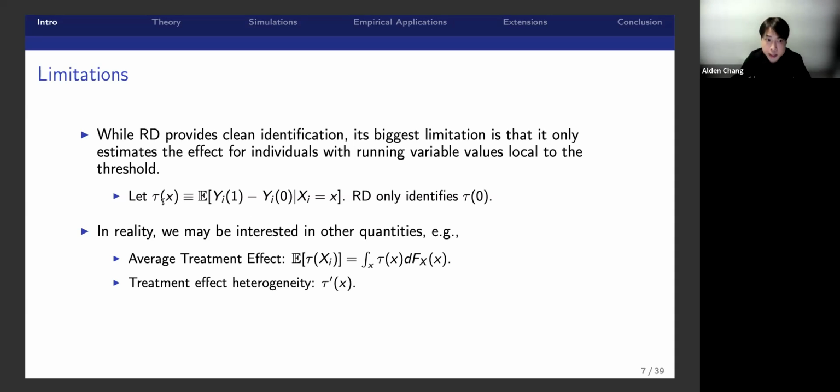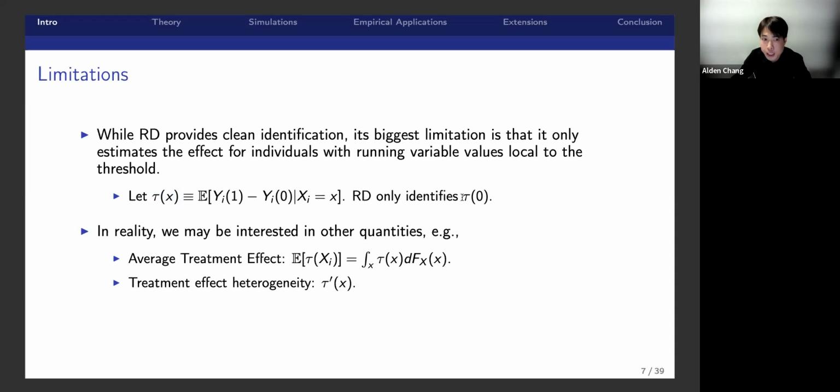That's why I define this object tau of x, which is the treatment effect for individuals with running variable value equal to x. The RD design only identifies the treatment effect for individuals at the threshold, that is, tau of 0.